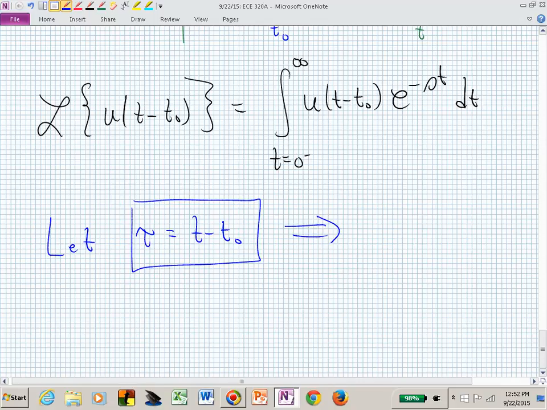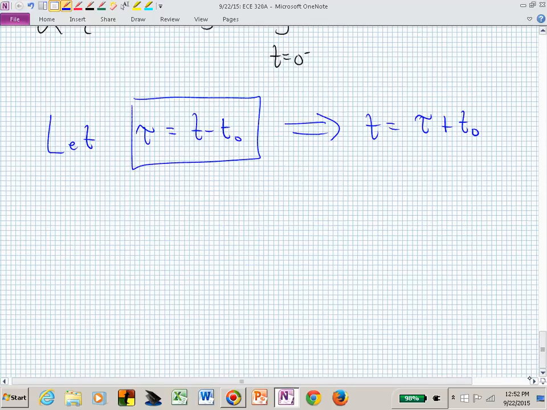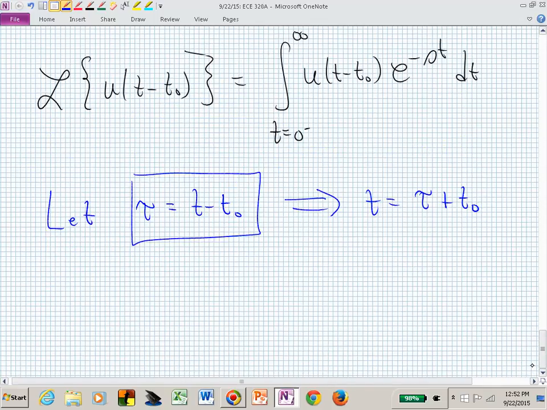Now if we needed to, we could replace t wherever it occurs in that expression with what it equals based on how we've now defined tau. If we solve for t, we find that t is tau plus t naught. Remember, t naught is a fixed number.